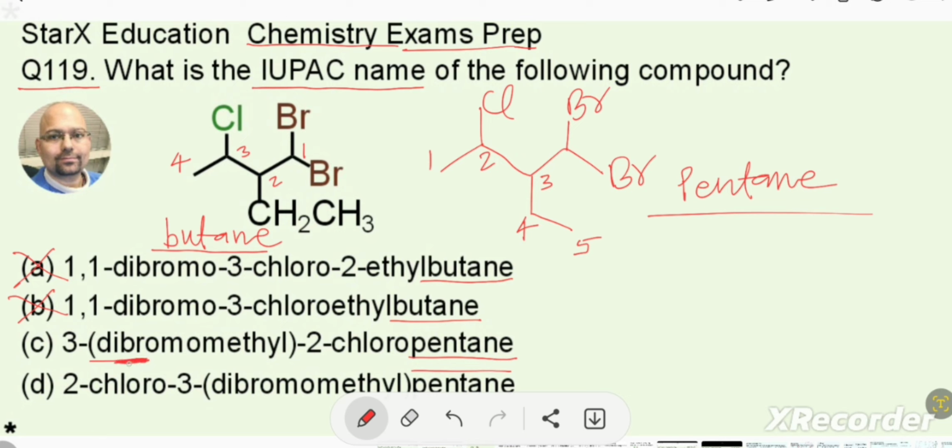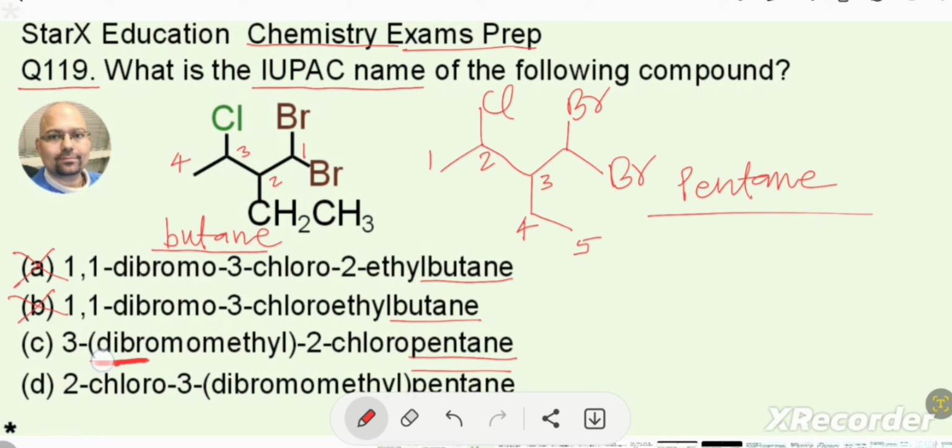However, because the substituents are on the carbon and there are 2 substituents, it's dibromo. So it's not the B that counts here, but the D of the dibromo. And it has 2-chloropentane, so that is all right.